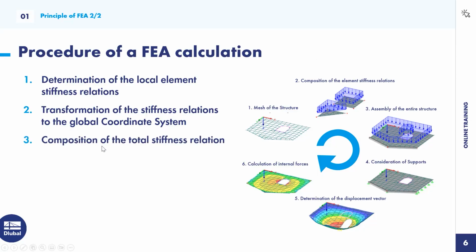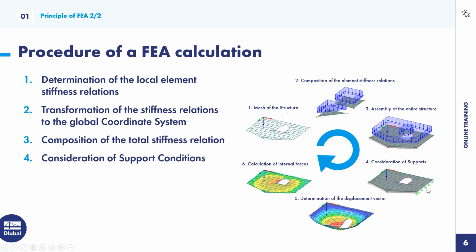So let's go. Now we have the total stiffness, so the total stiffness matrix K. And in the next step, we will use our support conditions. We can see it there, and use it within the displacement vector. So, for example, for this edge of the slab, we have a line support.